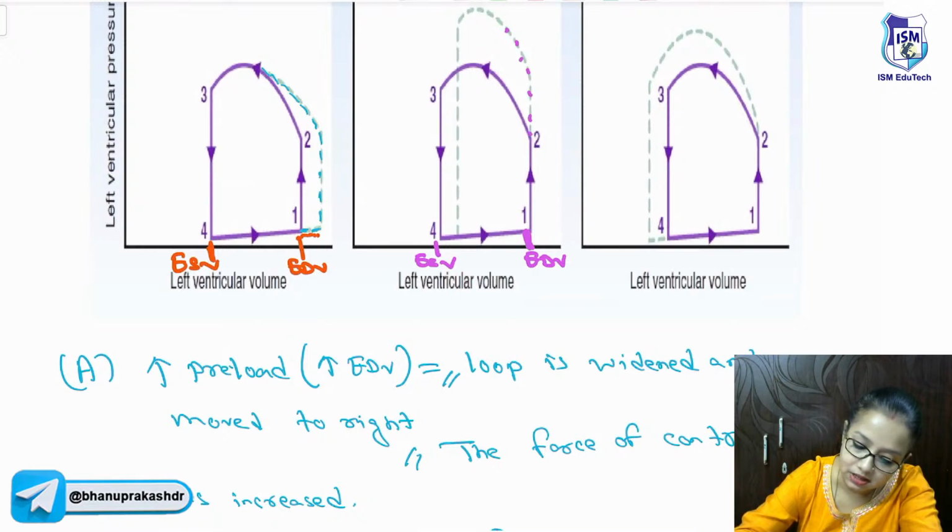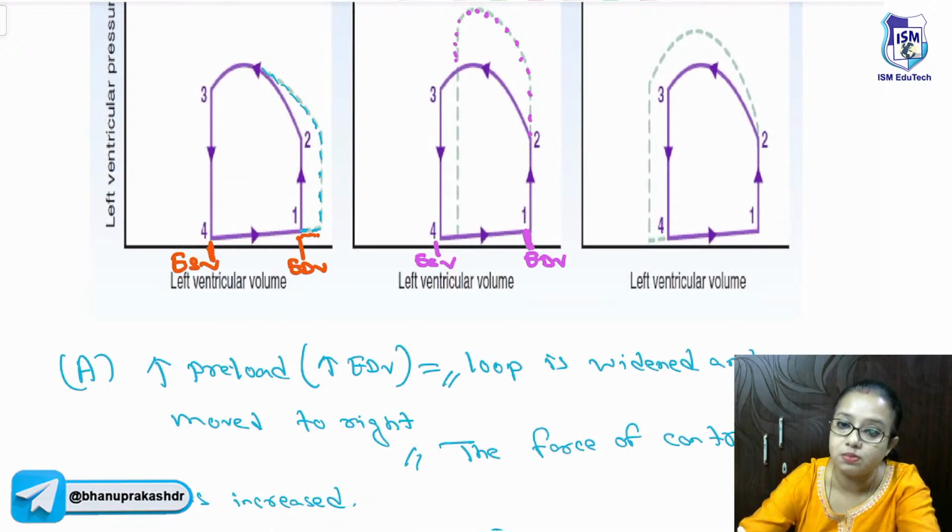Moved up means it is doing more work. The ventricles are exerting more force of contraction. The work done by the ventricles is more.